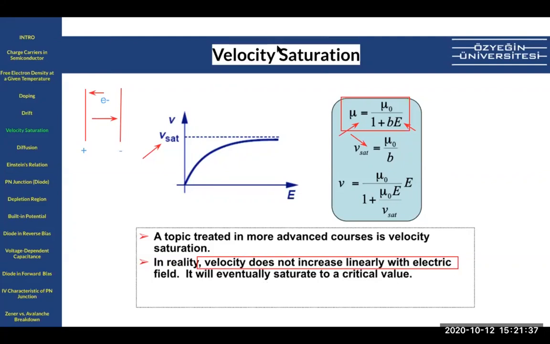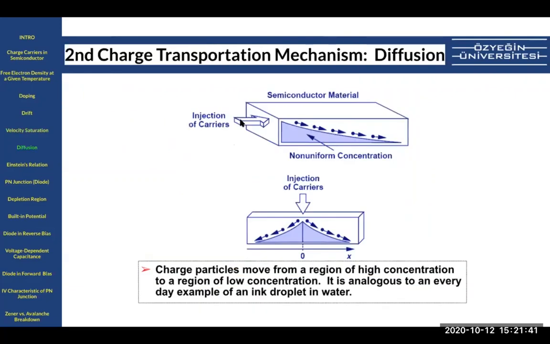Okay, so the next slide shows the second transportation mechanism, and it's called diffusion. This is like just the flow of water, right? When there is more water at some point, it will flow from more to the less. Same principle: when there are more electrons or holes at some points, they will start to flow from more to the less.